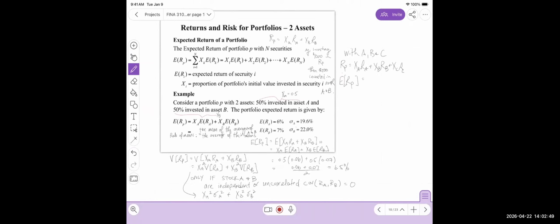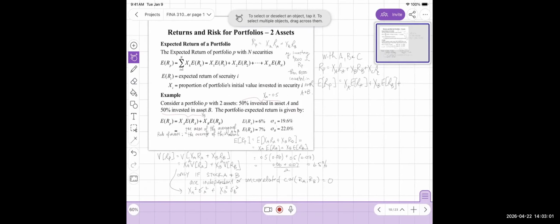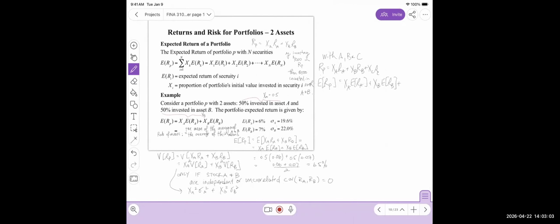So if I wanted the mean of that, then it's just going to be XA times the mean of returns on A, plus XB times the mean of returns on B, plus XC times the mean of returns on C. That's it.